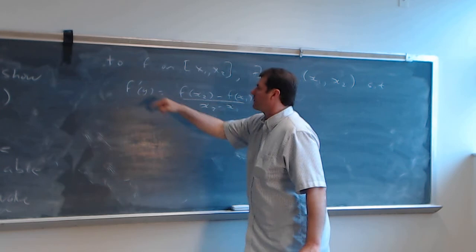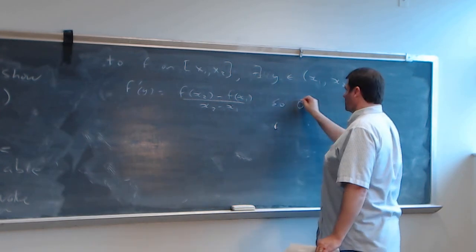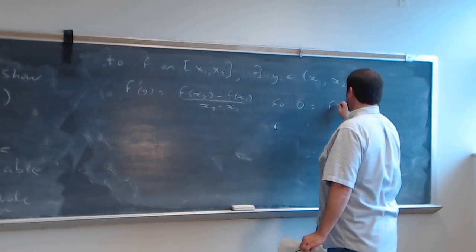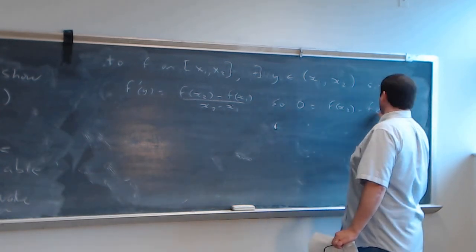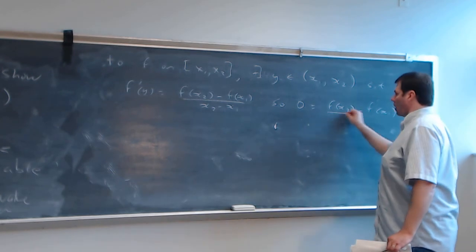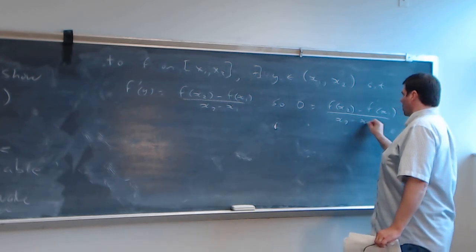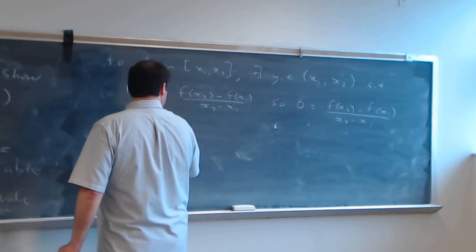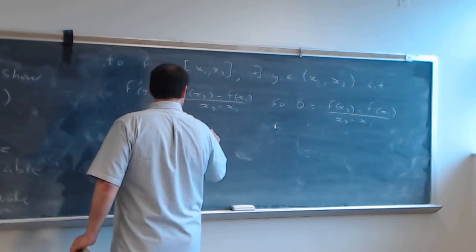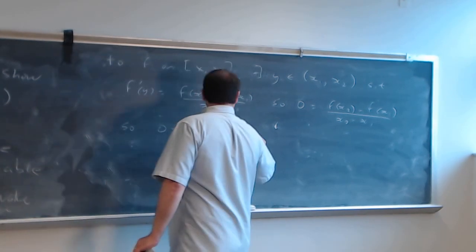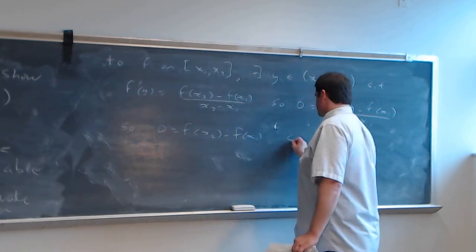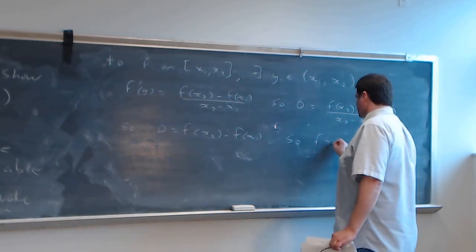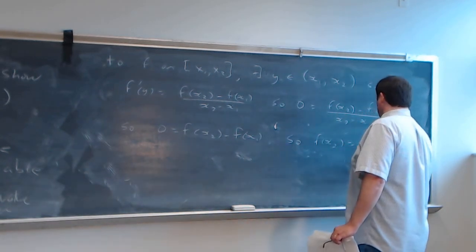So we know that f prime of y in this case is 0. So 0 is equal to f of x of 2 minus f of x of 1 all over x of 2 minus x of 1. So that says that 0 is equal to f of x of 2 minus f of x of 1. So that says f of x of 2 equals f of x of 1.